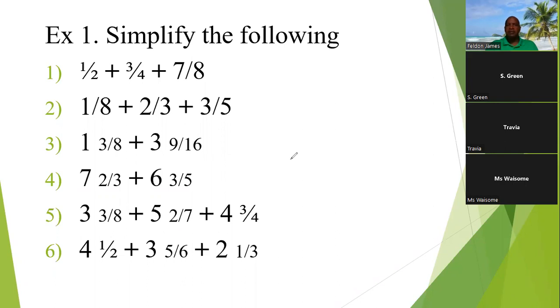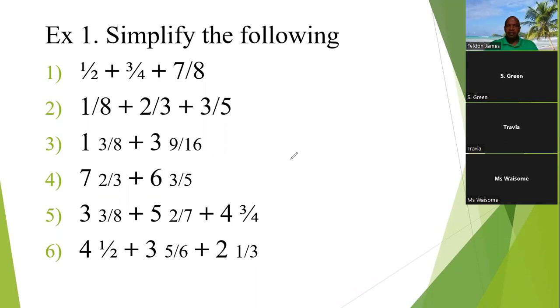All right, I don't think that's what you really want to say. What you really want to say is that all the denominators can go into 8 without a remainder. They can divide 8, not 8 can divide them. You follow what I'm saying, Ms. Trivia? Can you repeat that for me, sir? So what you should have said is that all the denominators can go into 8, or all the denominators can divide 8.